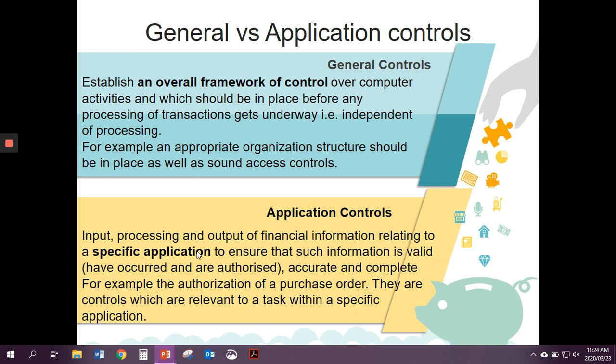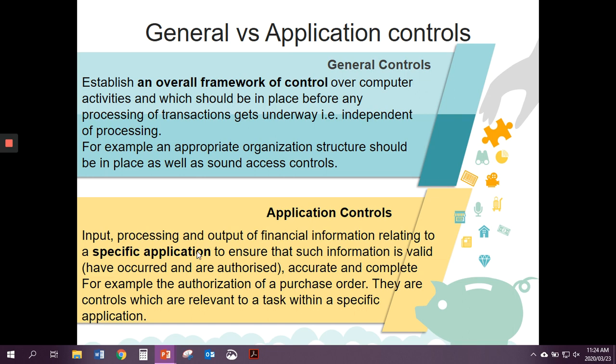When I talk about general controls, I'm talking about how do I enter and access a computer, for example. I'm talking about where computers are stored. I'm talking about who has access to our computers. So it's very different from an application control, because in an application control, we're actually dealing with specific applications.